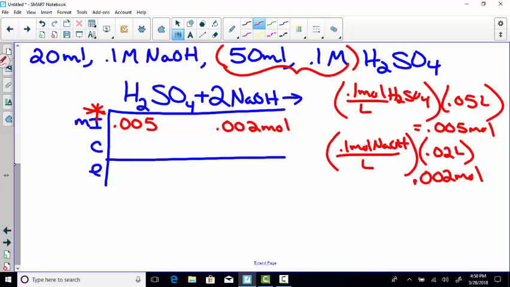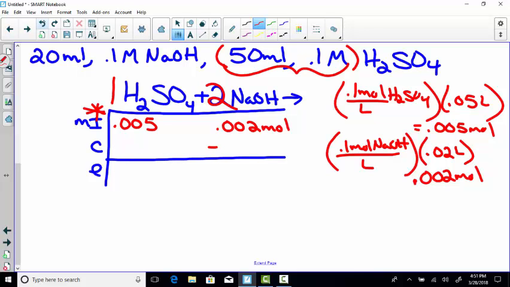One of the next things to think about is which of these is going to be my limiting reactant and how much. But we also need to consider the fact that this is a 1 to 2 mole ratio. So I cannot just say this is going to disappear by 0.002 and this is going to disappear by 0.002. That doesn't happen because that only happens in a 1 to 1 mole ratio.